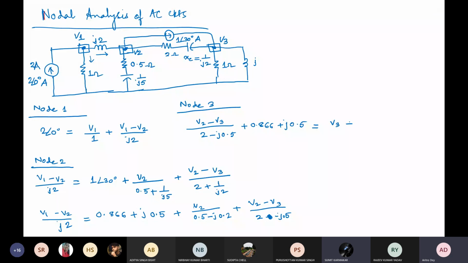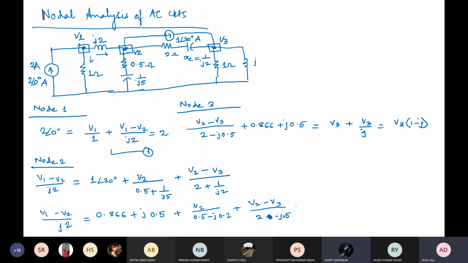So V3, then V3 by j. You can write it as V3 times 1 minus j. So these are your three equations. Equation 1: 2 angle 0 means it is 2. So this is equation 1.